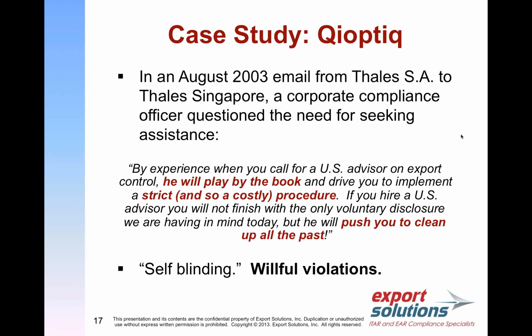And here's what they agreed to: Thales and Keyoptic, $25 million in fines, and then remedial compliance measures. They needed a special internal compliance officer to oversee all their export compliance. They had to do yearly reports that other people do not have to do, outlining all of their compliance costs.